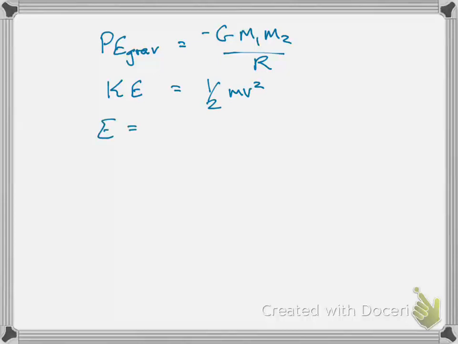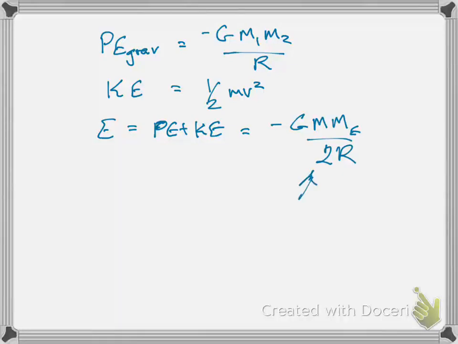The total energy of any object is PE plus KE, and given the situation, we showed that it was, for example, equal to minus G m m_E over 2r for the special case of an orbit.